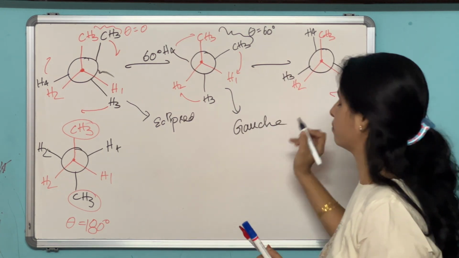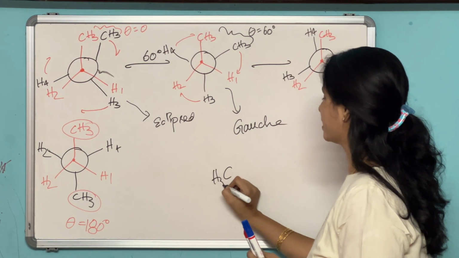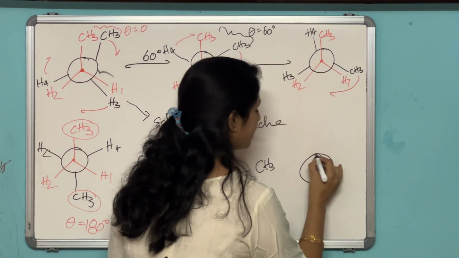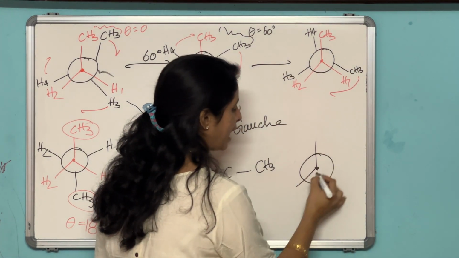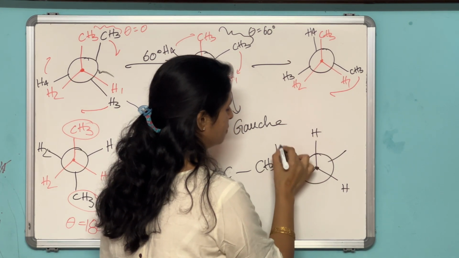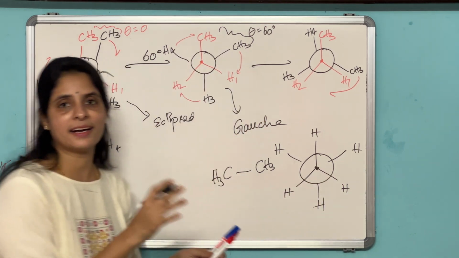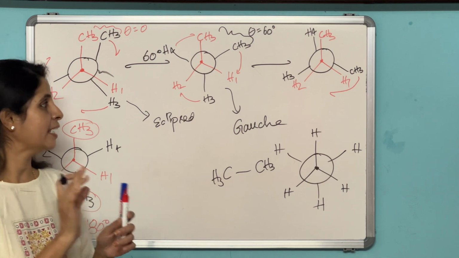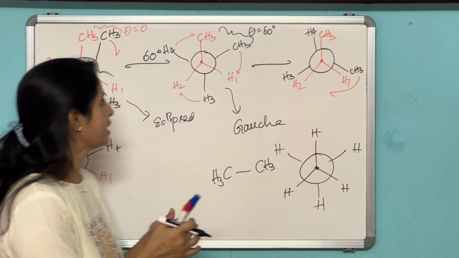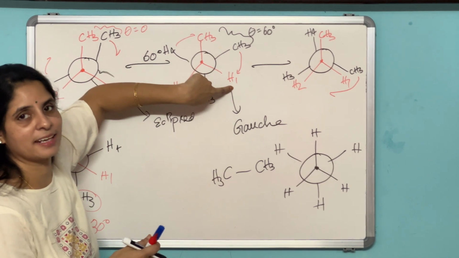Why, ma'am? Because in ethane, the groups on the two carbon atoms are identical. If the groups on the two carbon atoms are identical, then there will not be any gauche conformation. But here there are two different groups: methyl groups are there, hydrogens are there.